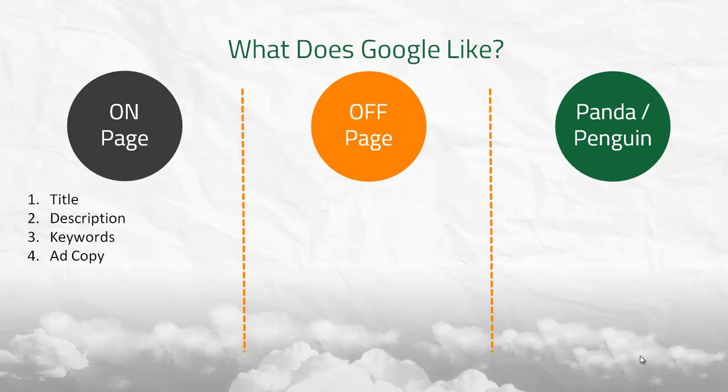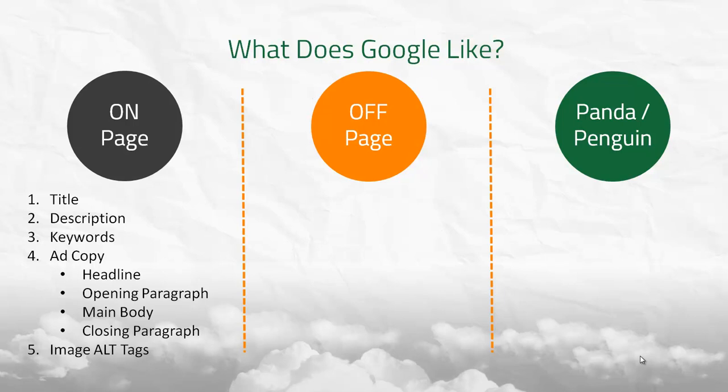And that content has a couple of factors associated with it, such as a headline, using H1, H2, H3 tags, having an opening paragraph of your content, having the main body or the main substance of what the page is about, and then also having a closing paragraph. And then also including alt image tags, which is basically when you put your mouse over an image, it lets you know what that image is about.